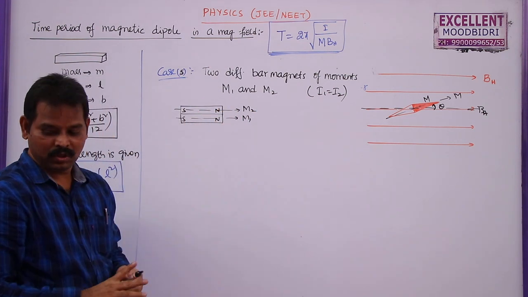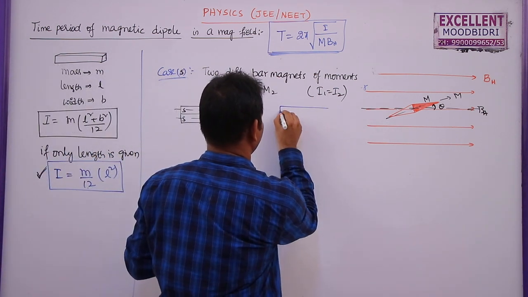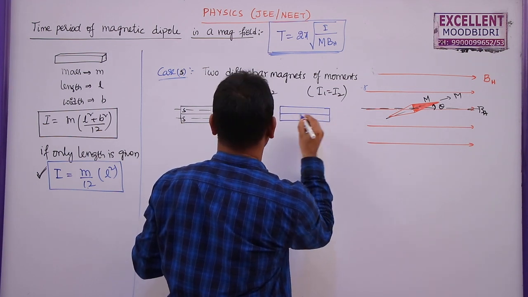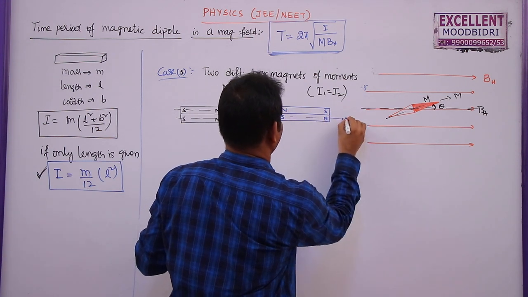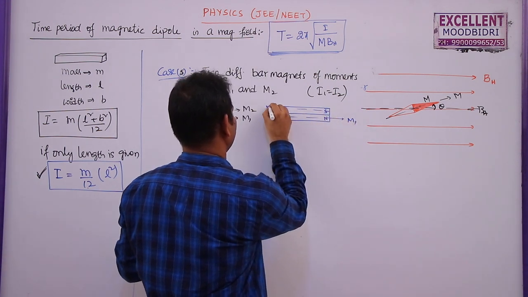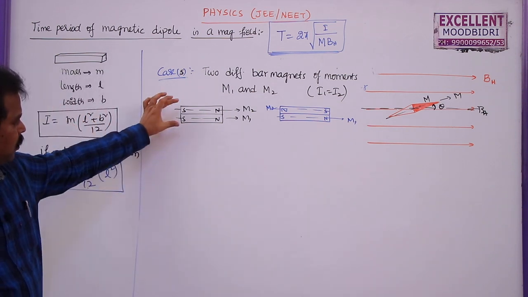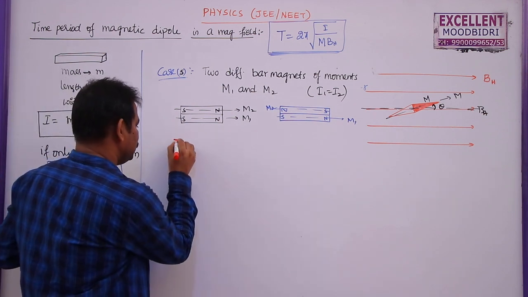With like poles together in the first diagram, and unlike poles together in the second. What is the time period of this combination of two bar magnets?